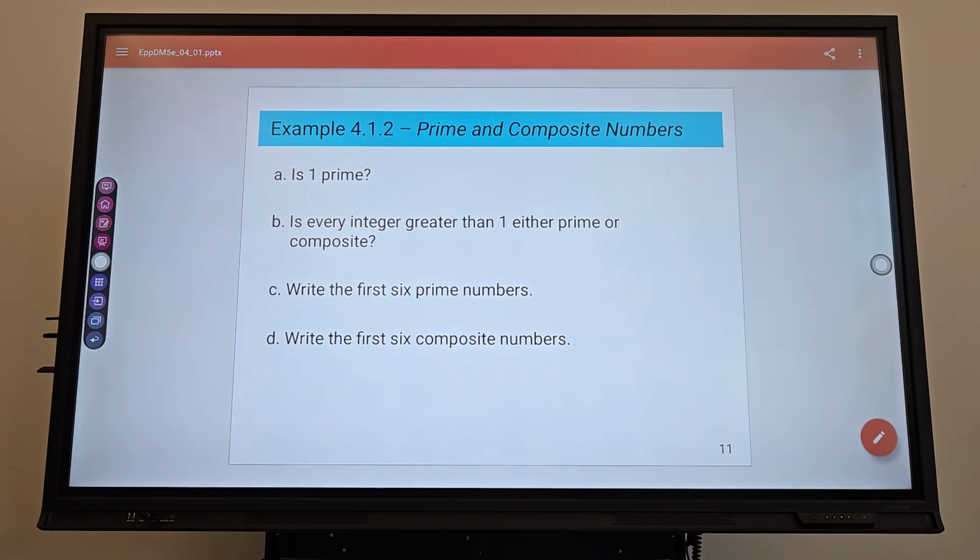Write the first 6 composite numbers. What's the first composite number? 4, 6, 8. Missed one: 9, 10, and 12.